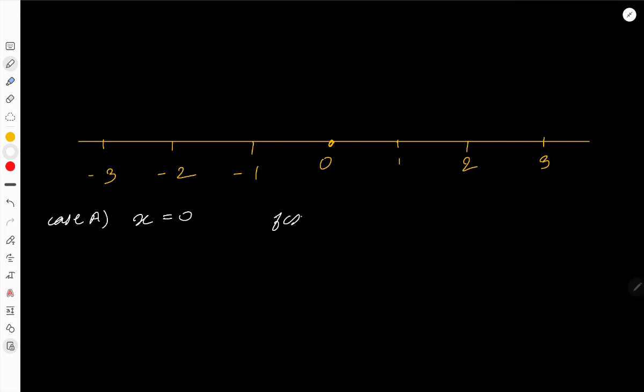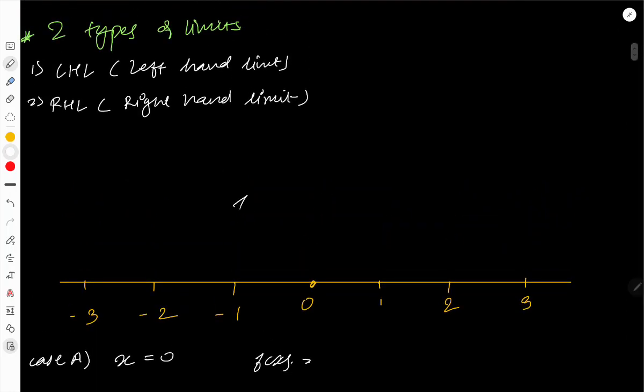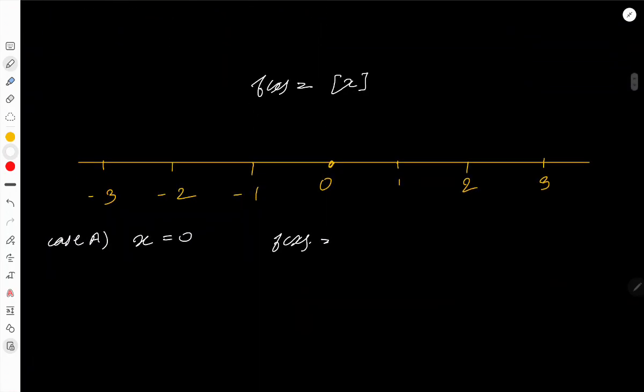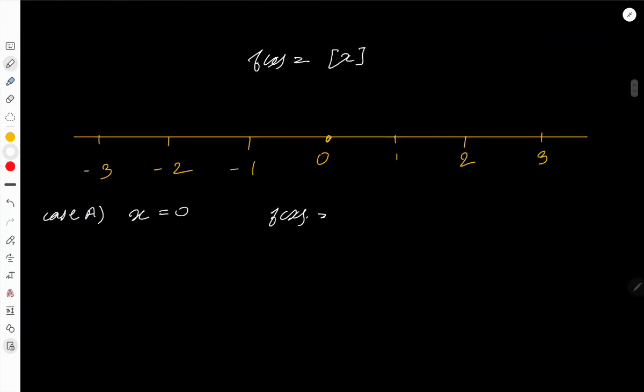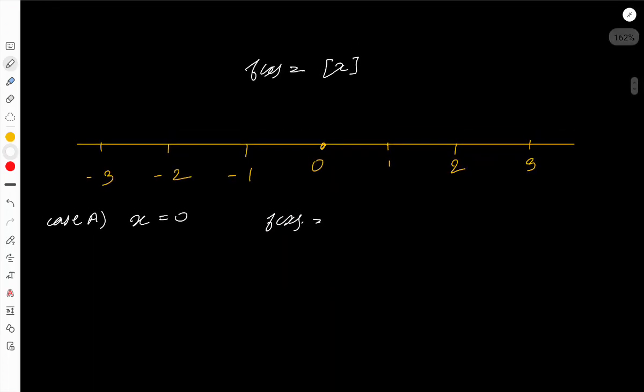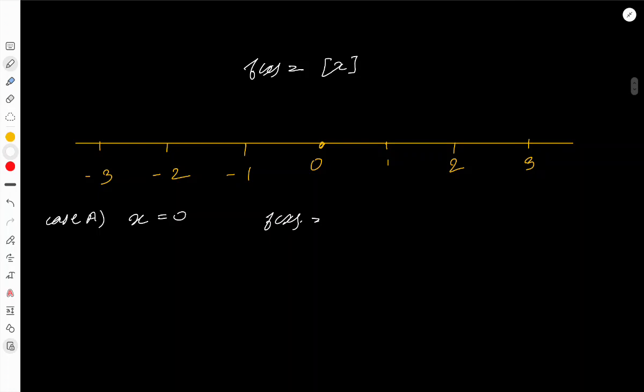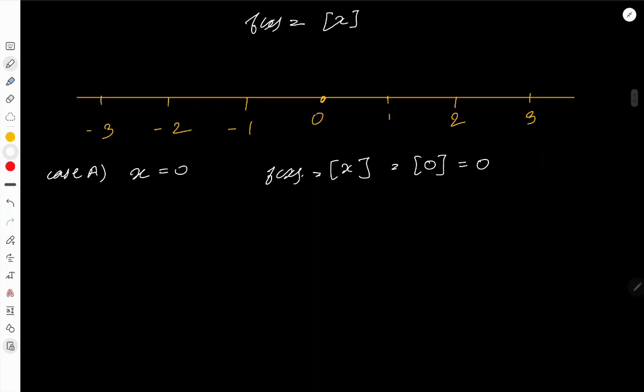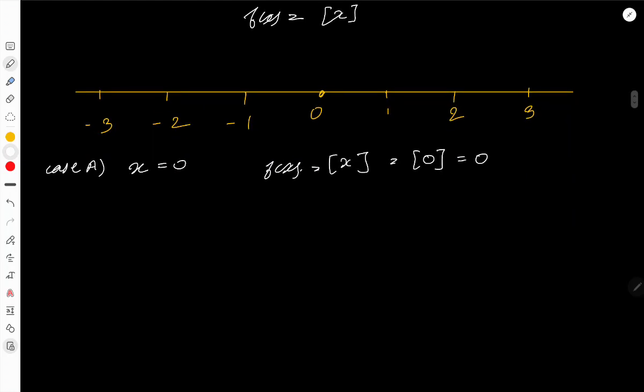And let our f of x be equal to box of x, so that for conceptual clarity you'll understand what these limits are all about. So at such time f of x is box of x, that is box of 0, that is 0. This is something that we usually do, so not a lot of problem.